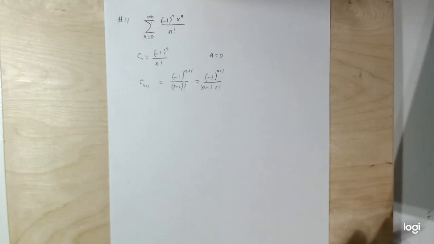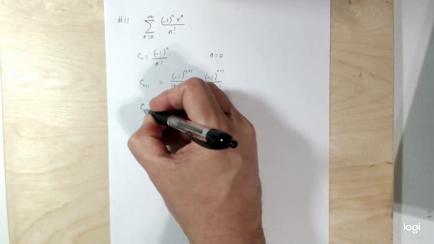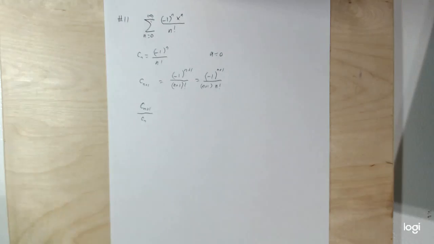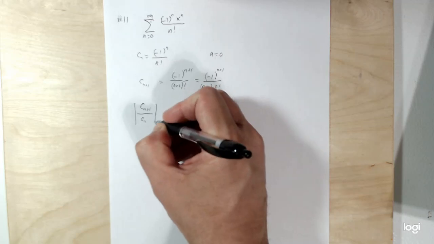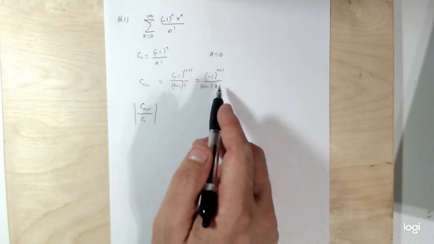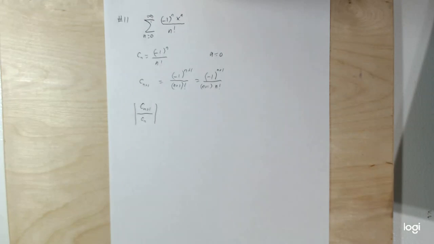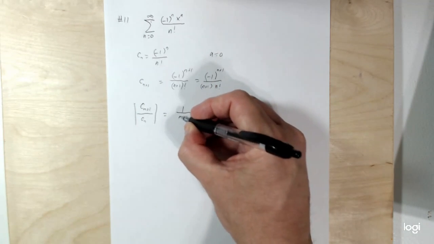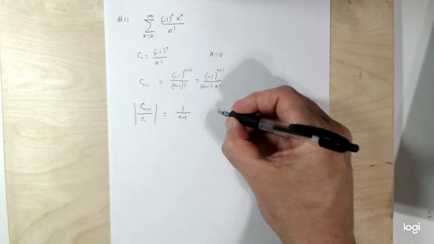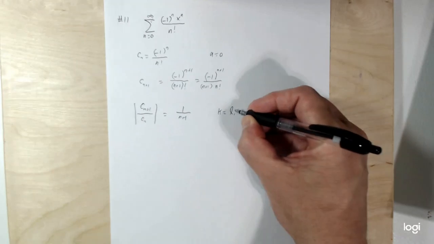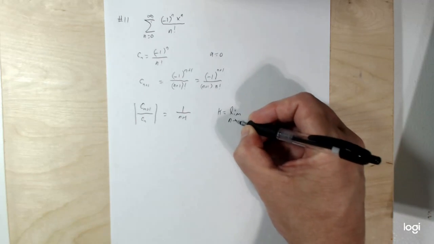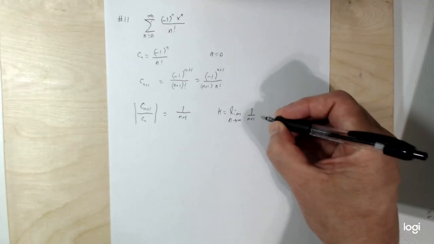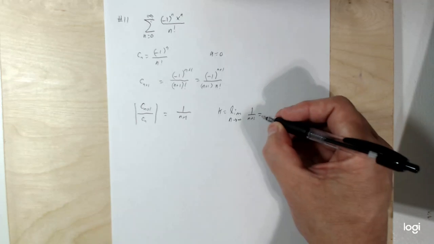So when I divide these, c sub n plus 1 over c sub n, and I'll take the absolute value, so I'm not worried about the negative. Okay, so we get 1 over n plus 1. So k is going to be the limit as n goes to infinity of 1 over n plus 1, which equals 0.